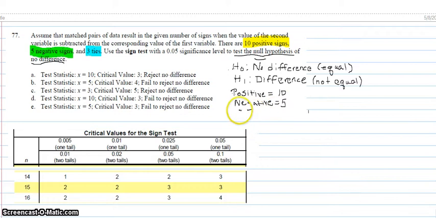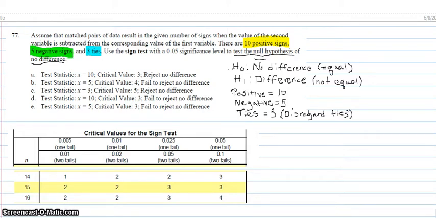And we have 3 ties. Now, when doing a sign test, we disregard the ties.